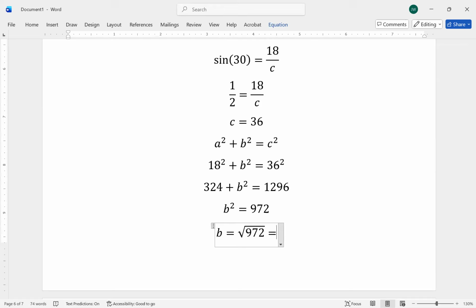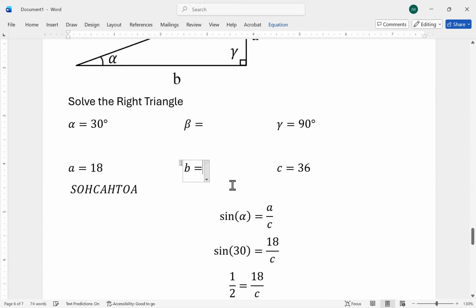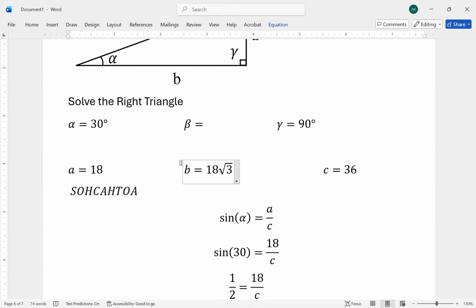Again, I'll simplify this real quick. That's the square root of 324 times 3. Square root of 324 is 18, so it's 18 times the square root of 3. So that's the B value. Now, this is an exact value. Sometimes you might be asked to write an approximate answer. But that's our value for B, 18 times the square root of 3.